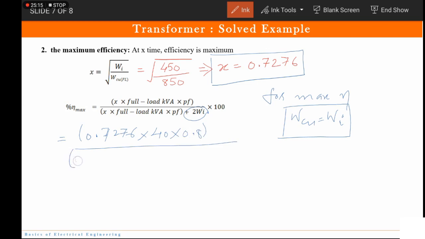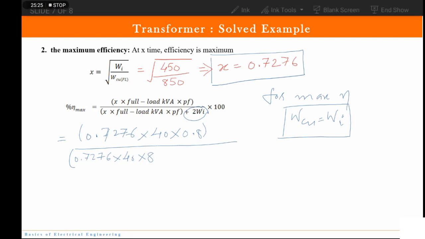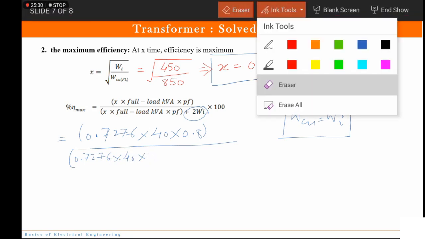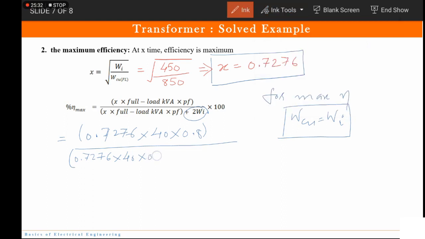divided by again, plus it has to be 2. Now what value of WI are we going to take? Is it going to be 450 or 0.450?